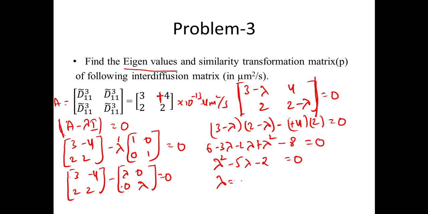By doing minus b plus or minus root b square minus 4ac divided by 2a, the lambda 1 value will be 5.372 and lambda 2 value will be minus 0.372, right?